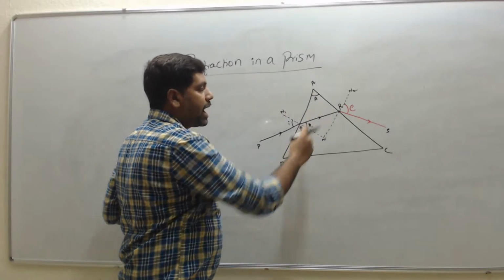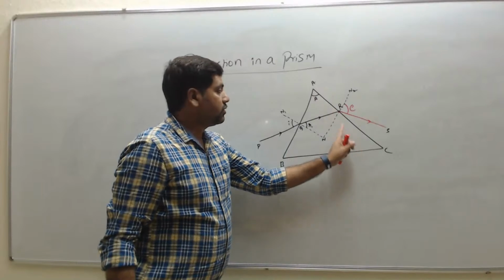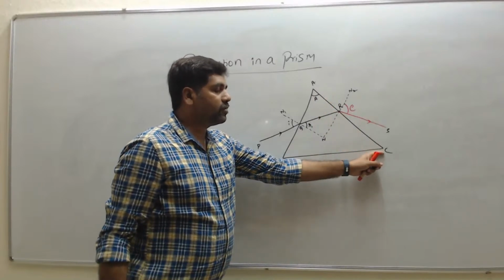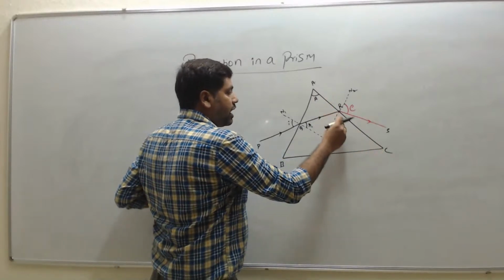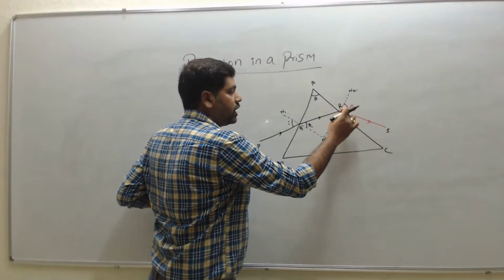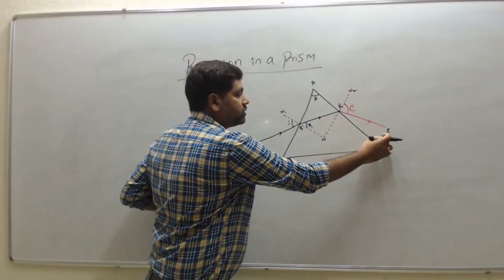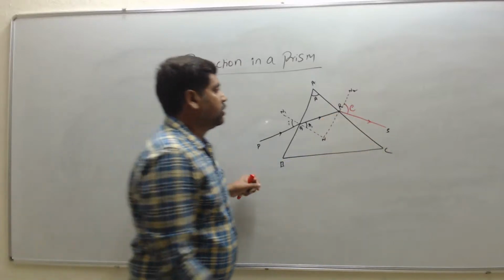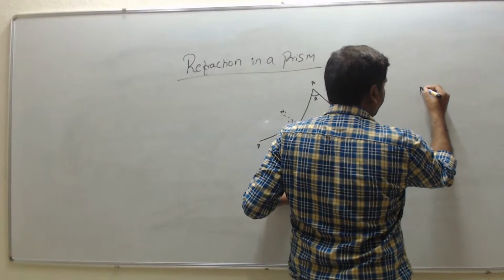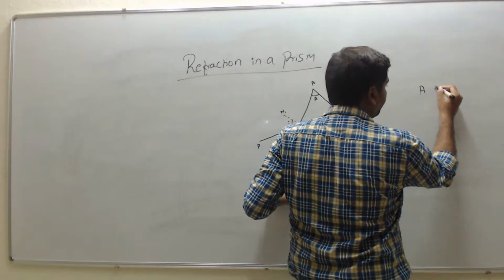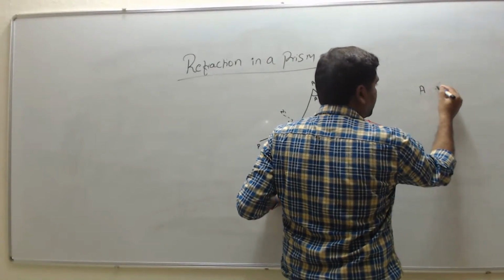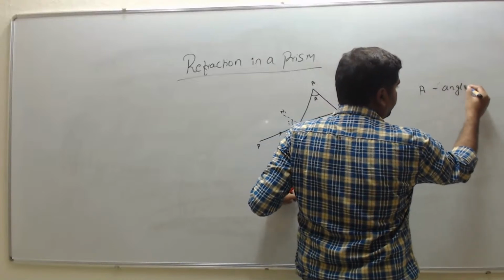This refracted ray acts as the incident ray for the second surface, that is, the surface AC. As the light travels from denser to rarer medium, the refracted ray is bent away from the normal, that is, RS is the emergent ray. And A is the angle of the prism.